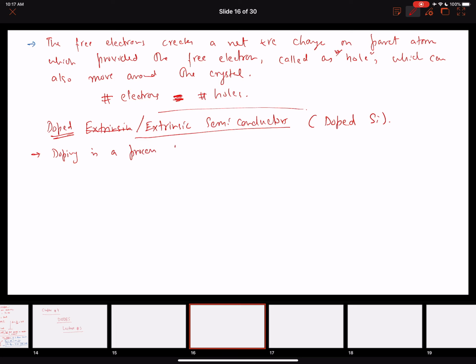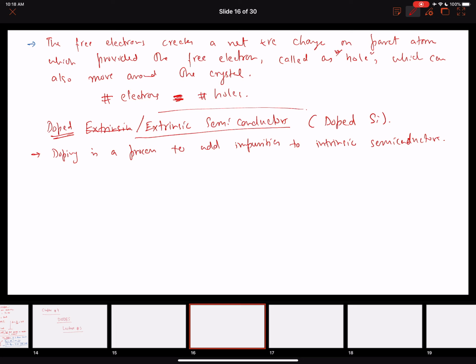So in intrinsic semiconductors, we add these extra impurities, and this process is known as doping. So those semiconductors are known as doped or extrinsic semiconductors.